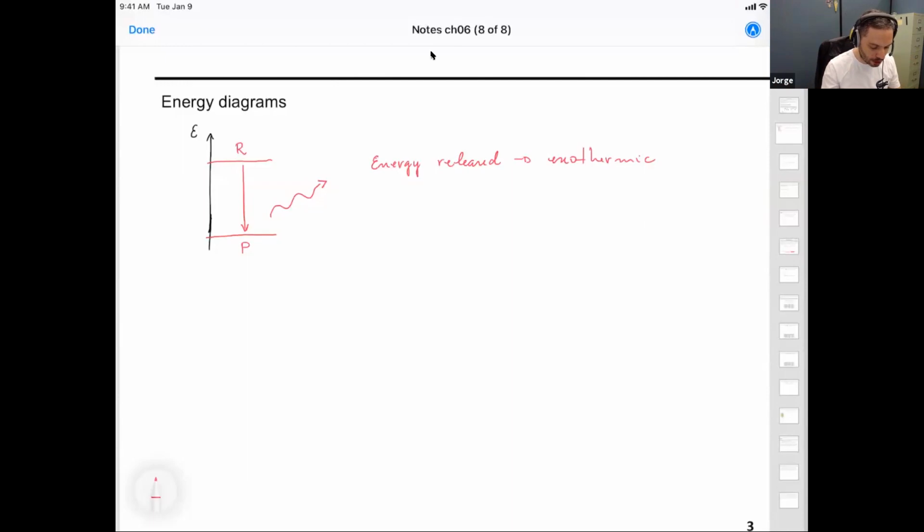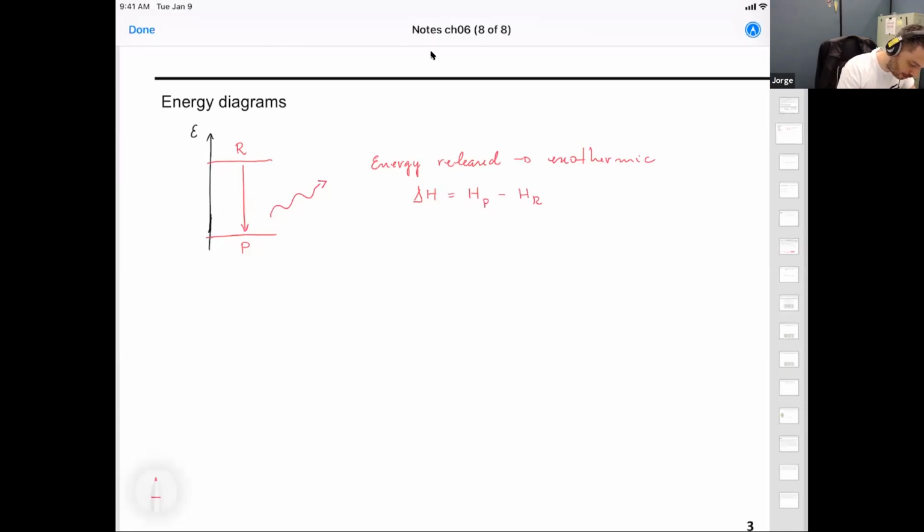And we can also calculate something defined as delta H. Delta H is always the enthalpy of the products minus the enthalpy of the reagents. When we see enthalpy, that means the same thing as energy. So delta H is going to be basically the difference in energy comparing products and reagents.